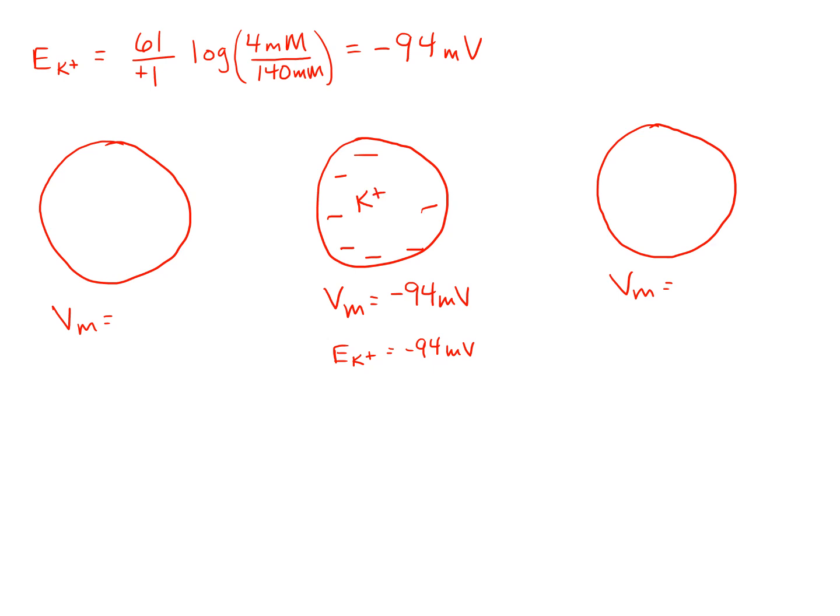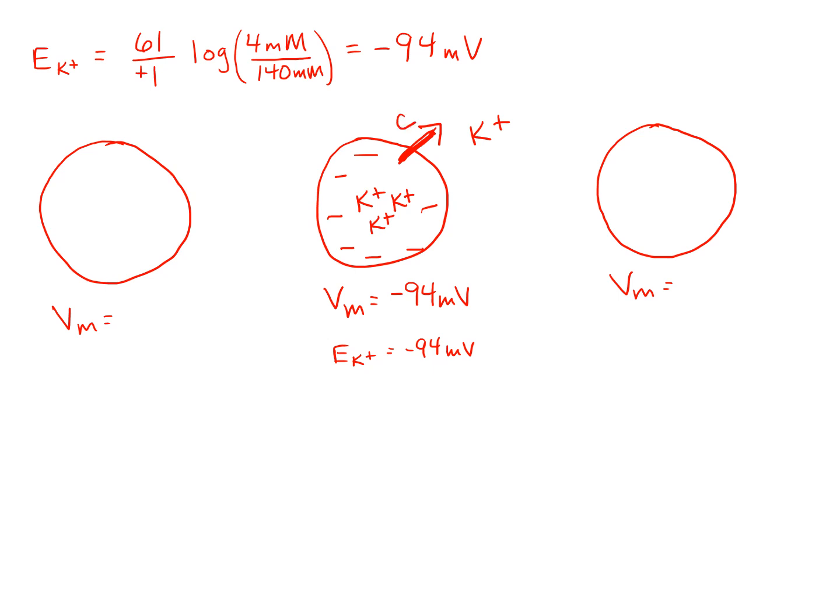We'll draw our concentration gradient for potassium. Potassium is always higher inside the cell than outside. And then our chemical driving force, looking at the concentration gradient. We're going to go from high to low concentration, so it wants to go out of the cell.